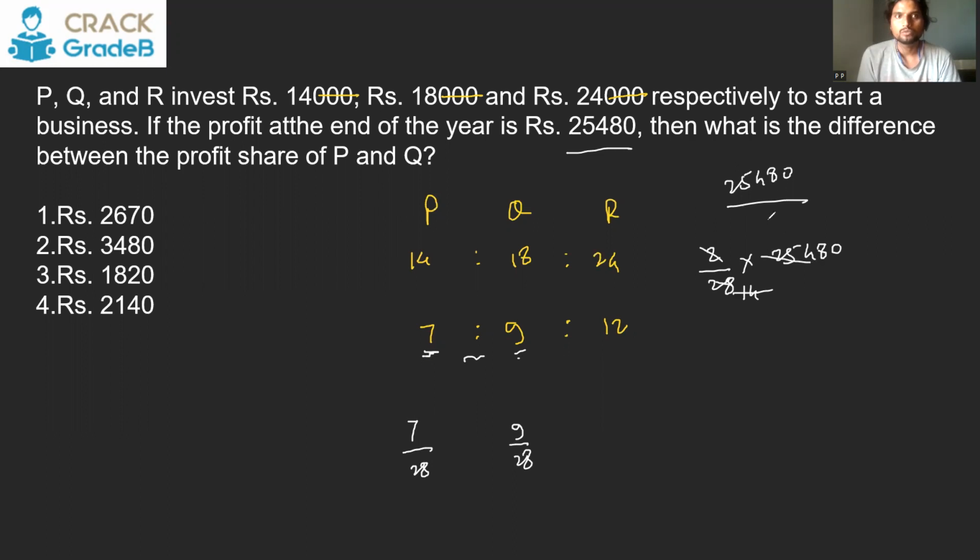It should be 1820 according to me. Let's see, it could be 2670 as well. Yes, it is 1820. Easy. Let's see one more.